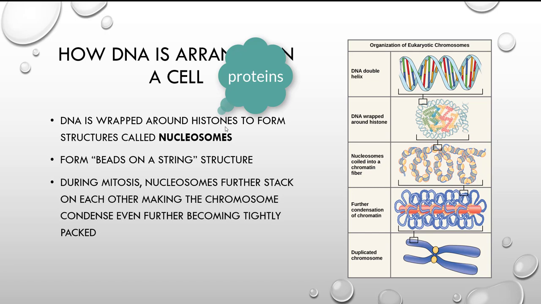So, if you unravel thread, it just creates like a big clump, right? That's big. But if you start to wind it around a spool, it becomes smaller. And so DNA is wrapped around these proteins or histones to form a structure called a nucleosome. Okay, so here's like a little protein, and the DNA is wrapped around it. So it starts to form like these beads on a string.